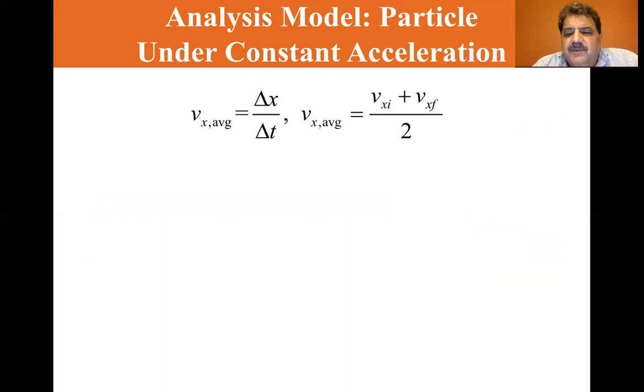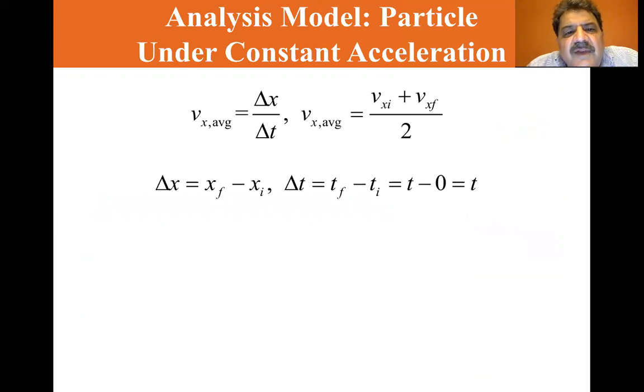Use the equation to obtain the position of an object as a function of time. Given that vx is equal to delta x over delta t, and given that vx average is equal to vx initial plus vx final over 2, let's do some manipulation here. Delta x equals x final minus x initial. Delta t equals t final minus t initial.